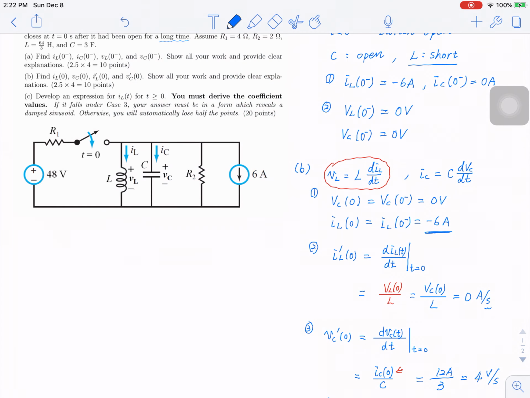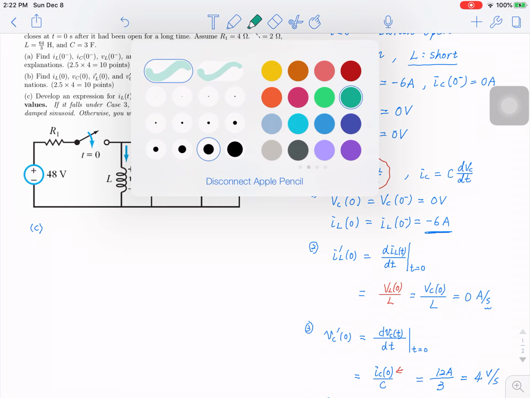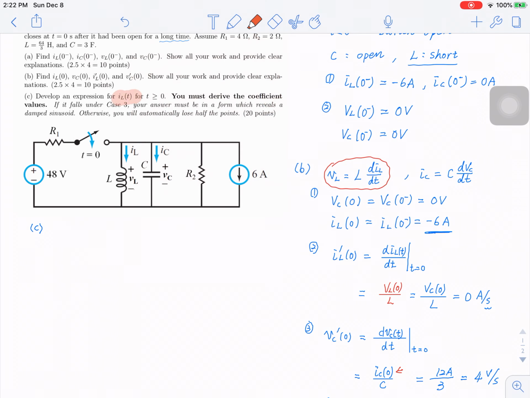Okay. Now the last problem is problem C. What we want to do here is find the expression for IL(t). So how to do this problem?